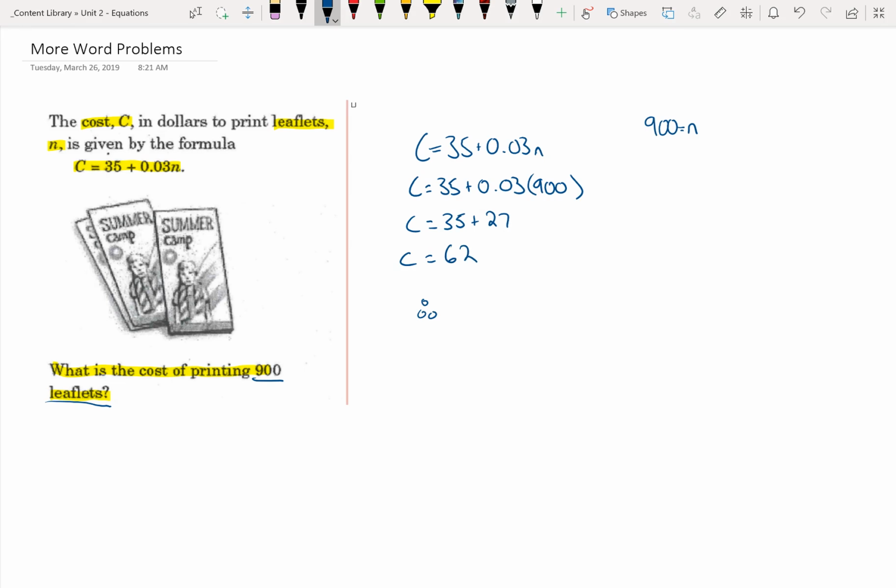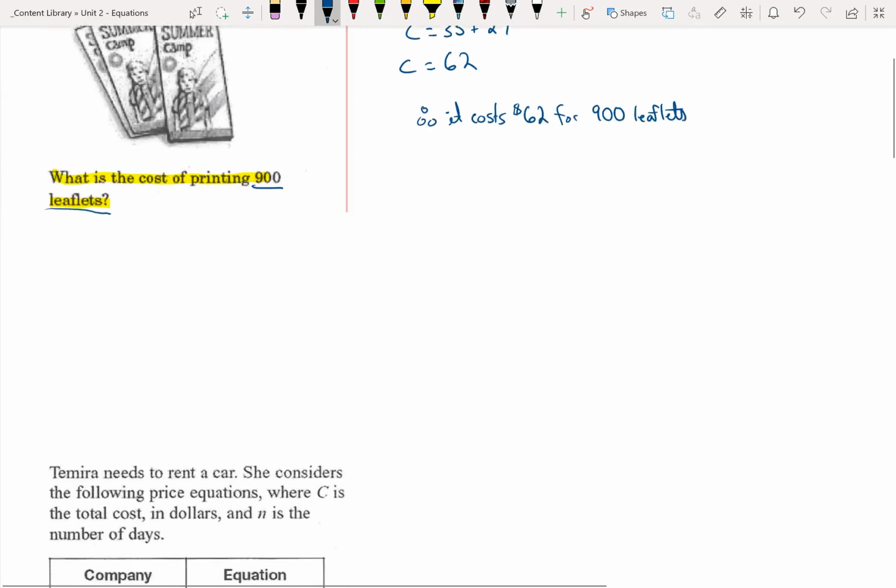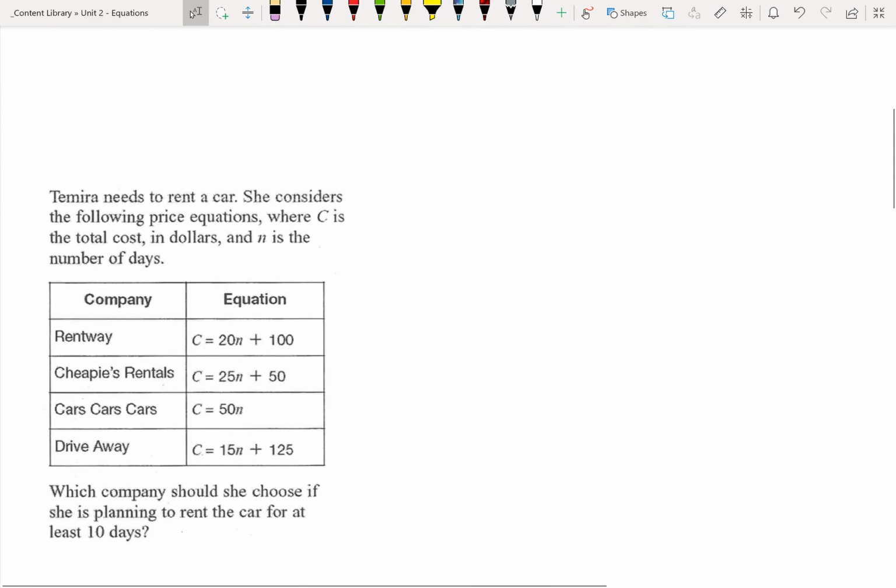So therefore, it costs $62 for 900 leaflets. So again, we looked at the final part. We did answer the question, and it does make sense. Moving on to the next one.